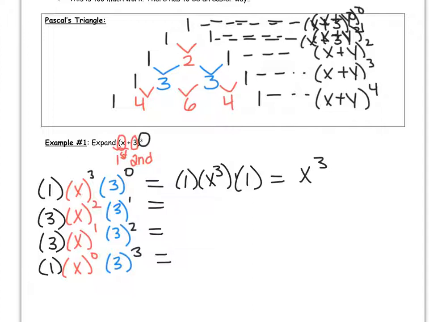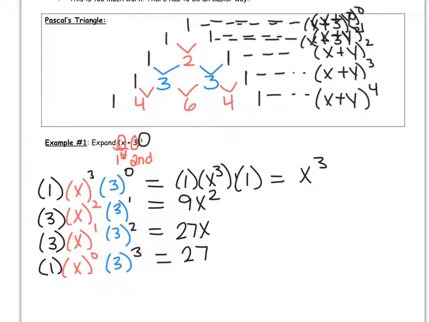That'll make 9. And then we just have x squared. Then the third one is 3 times 3 squared. Well, 3 squared is 9. 9 times 3 is 27. 27x. And then we have 1 times 3 to the third, which is 27. And then x to the 0 is just 1, so 27.